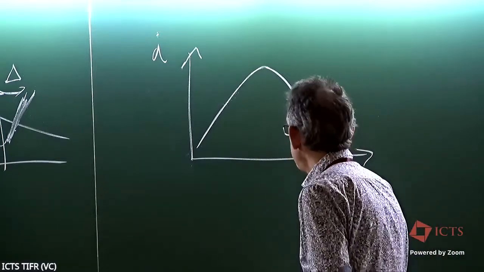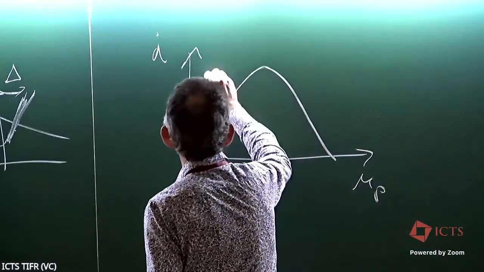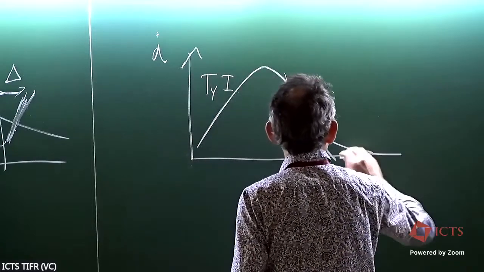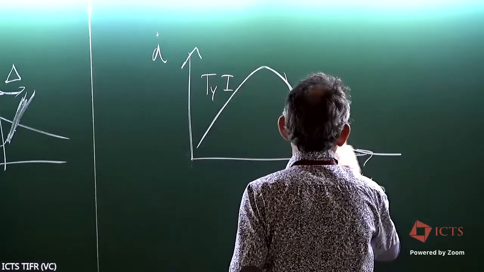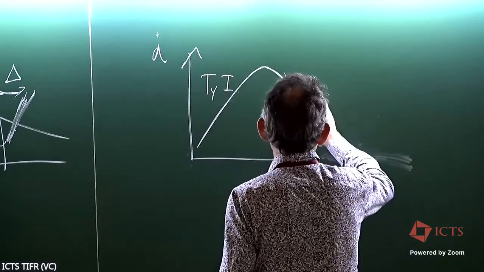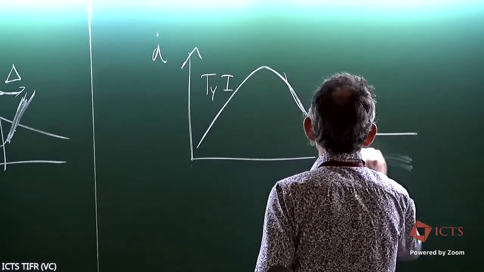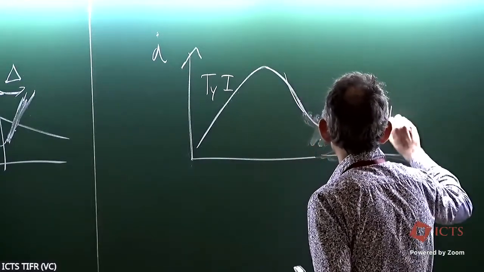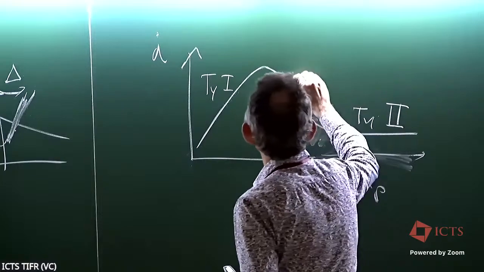So this is the type 1 branch. We will see it goes to some migration rate independent of the mass of the planet. I will come to this, the type 2 branch. And this is sort of the transition.